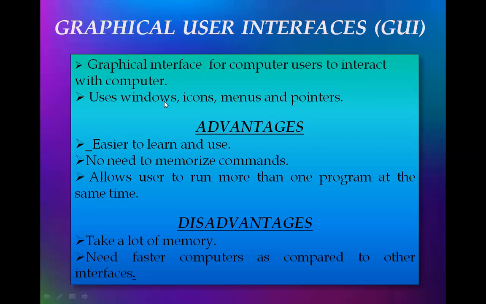A window is a rectangular portion of the monitor in which information is displayed, while icons are the small graphical images shown within your computer, like files, folders, or any programs. Icons are selected from the menus with the help of a pointing device like a mouse.